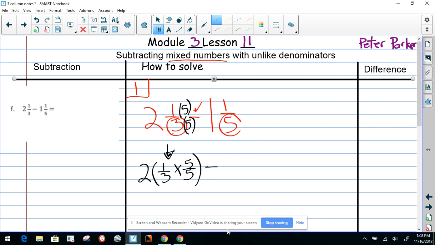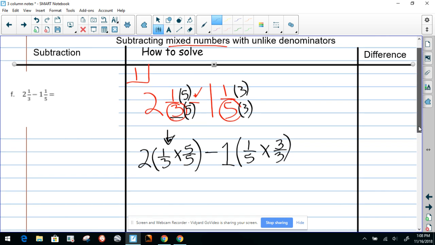Then we say minus, and then we have a 1, and in this case, the opposite denominator of 5 is 3. So we're going to write this right here, and we also multiply the numerators. So now we're going to show this in a more appealing way. So it's 1/5 times 3/3.